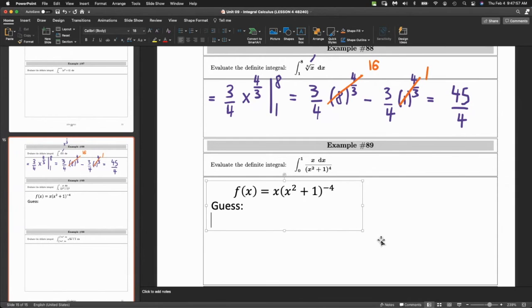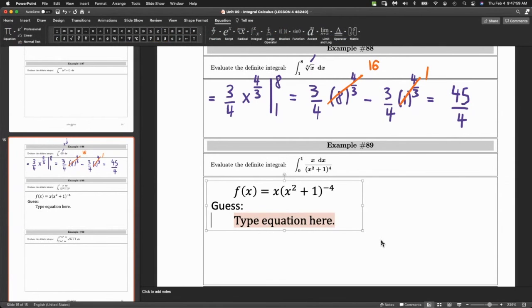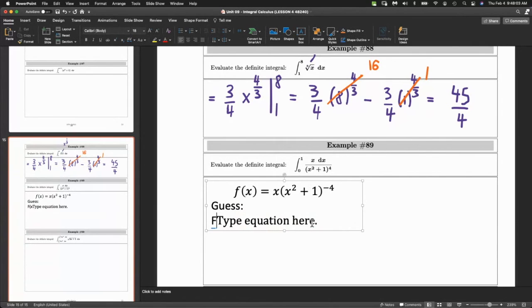So we're going to guess the antiderivative. So the guess will be the same thing in here, but you're going to add 1 to the exponent.